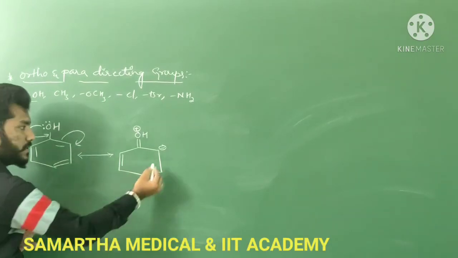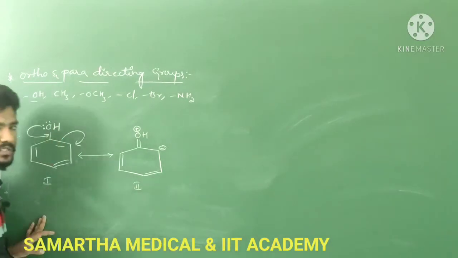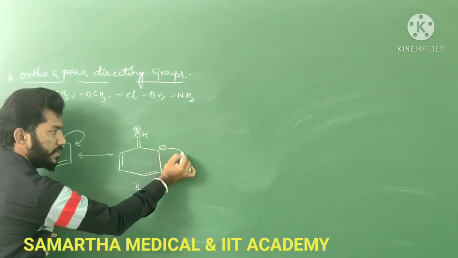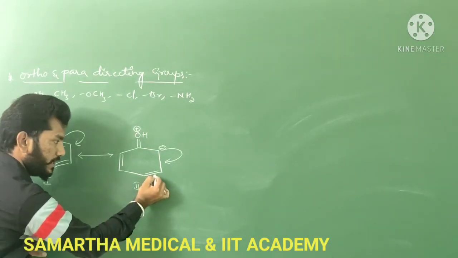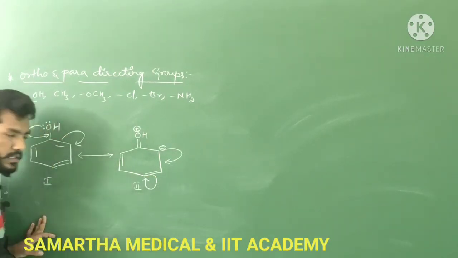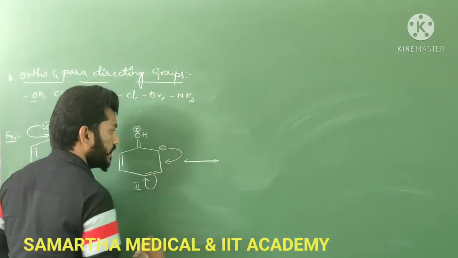Next, this is the first structure. Let us take this as the canonical or contributing structure. When this negative charge, that pair of electrons, shifts over here, the electrons keep shifting, guys. Look at the changes.